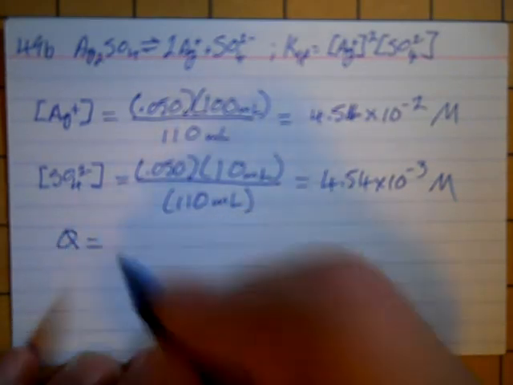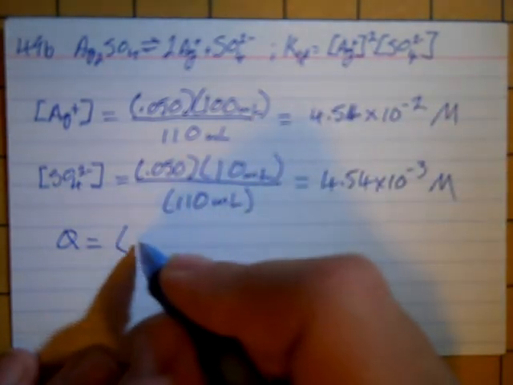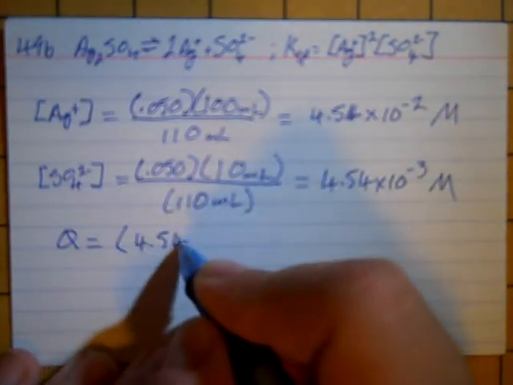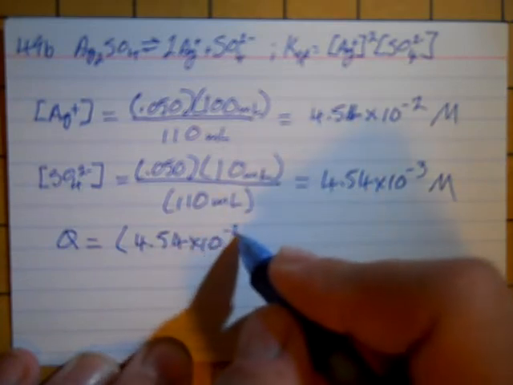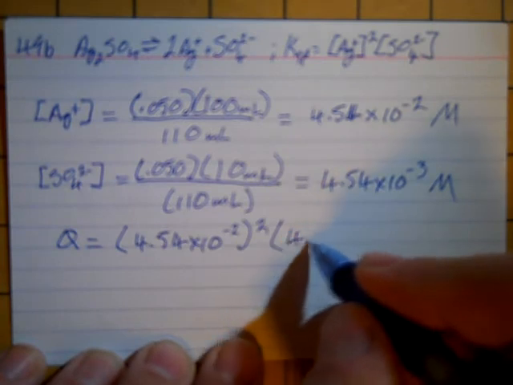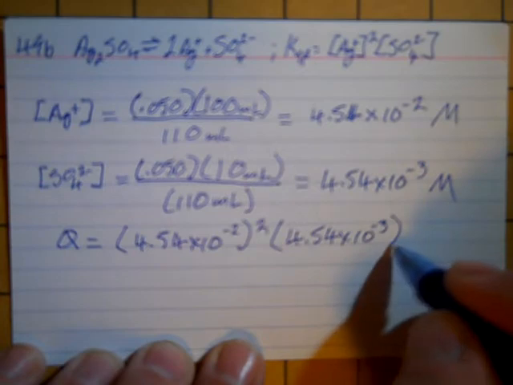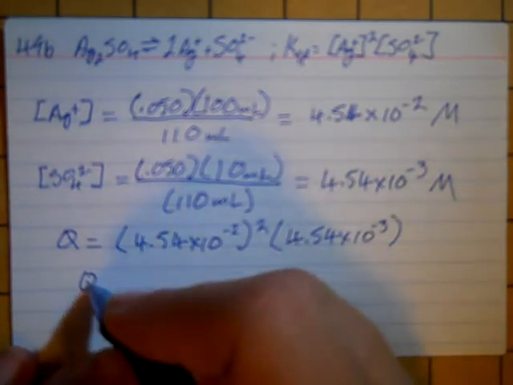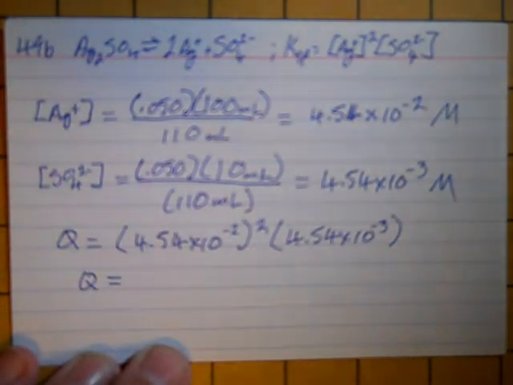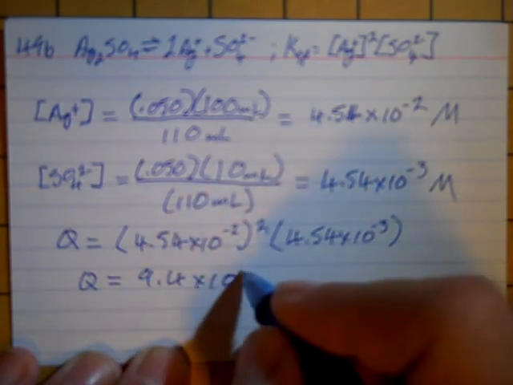So Q equals the concentration of silver squared times the concentration of sulfate. And Q equals 9.4 times 10 to the minus 6.